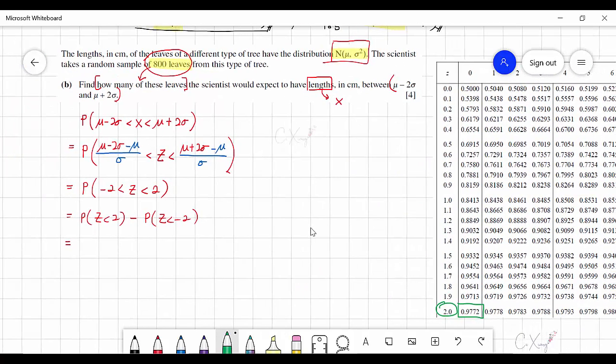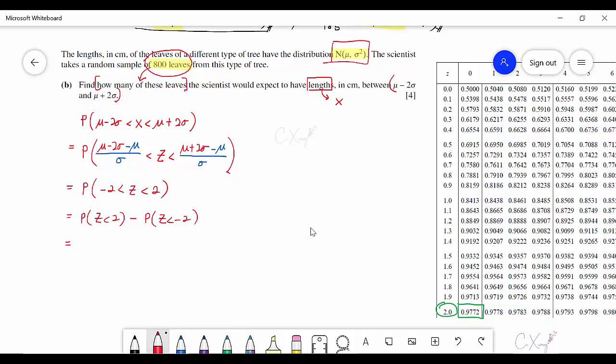So we continue from here: 0.9772 minus the probability of z smaller than -2, which equals z greater than 2. If you draw the diagram, the symmetrical property tells you that the area here is the same as the area here.